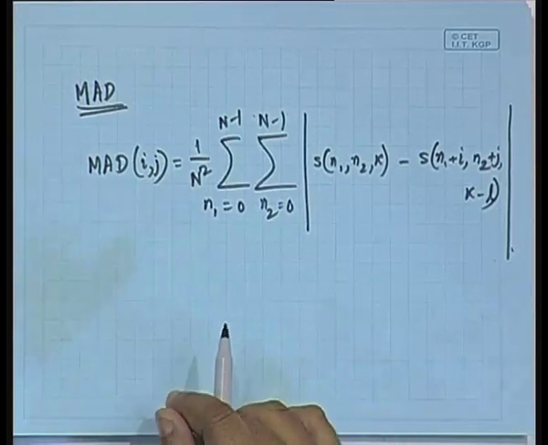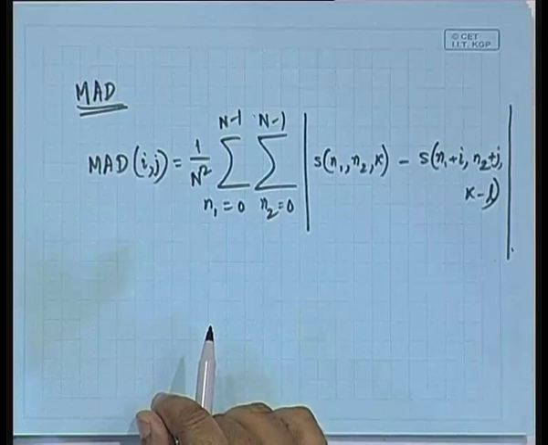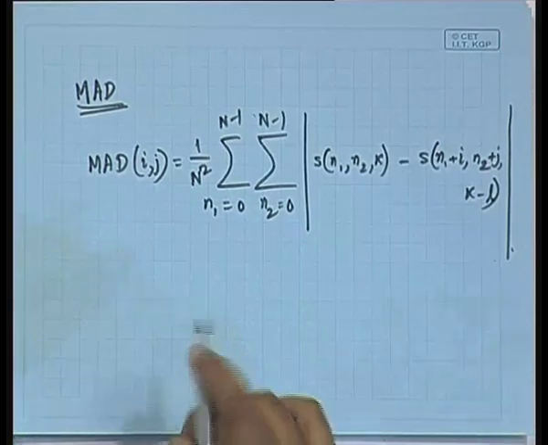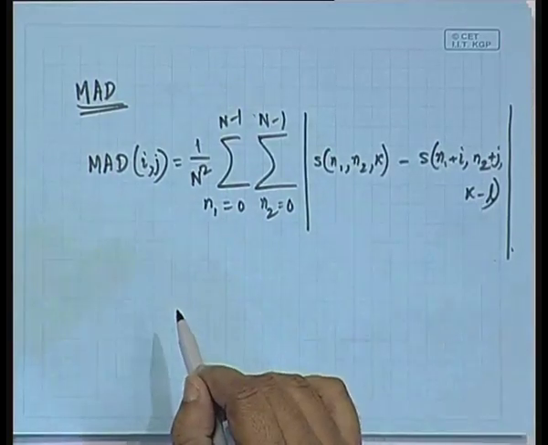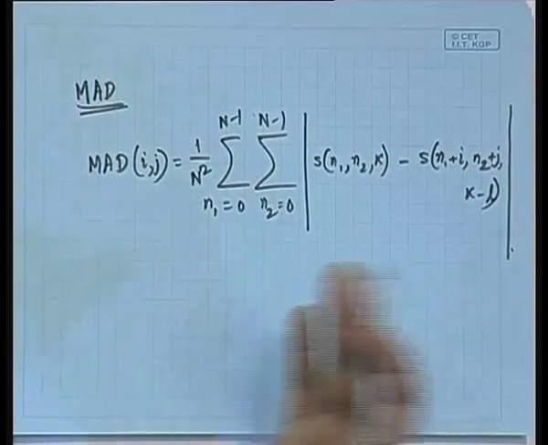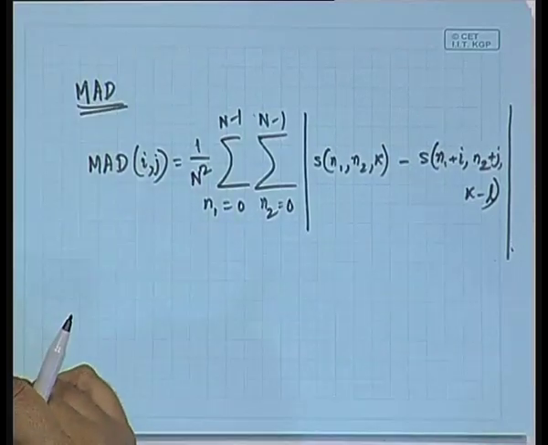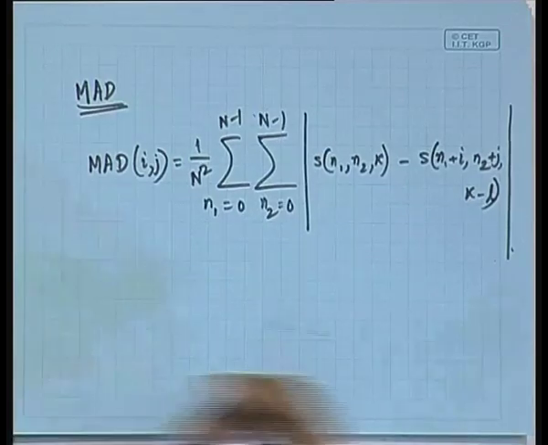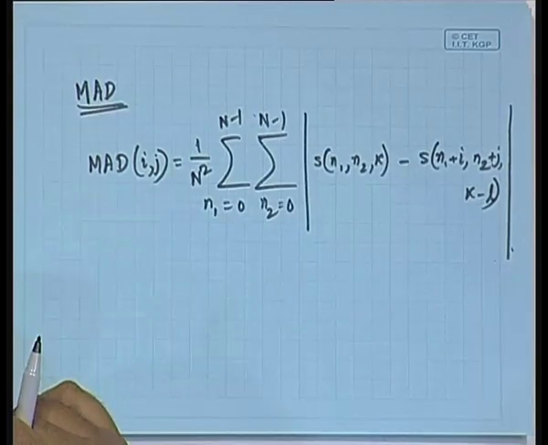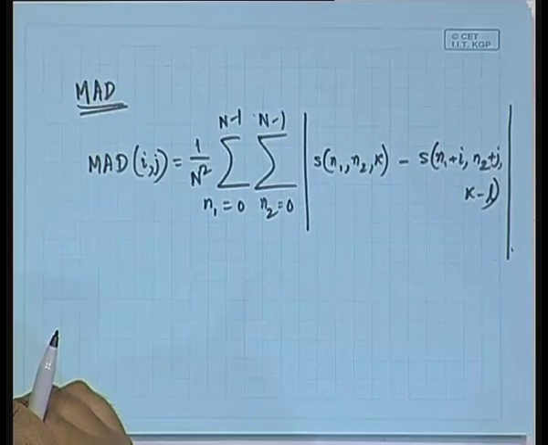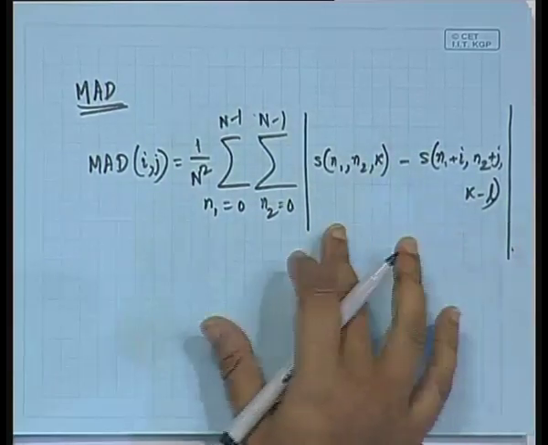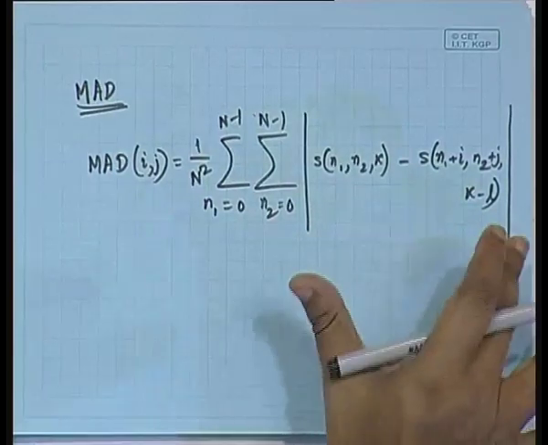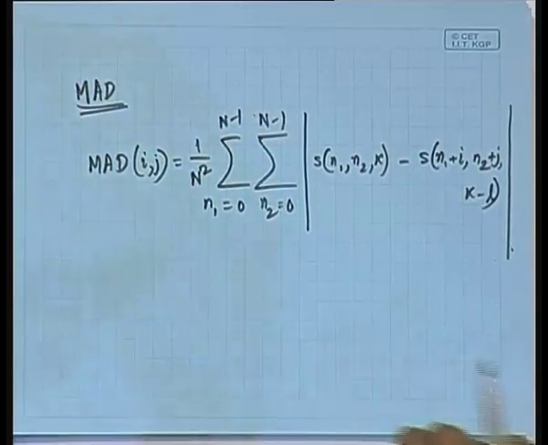I need not elaborate on the MPC, because MAD is what is most commonly employed in almost all the standard implementations which you will find reported in the literature, or even in the standards. What they recommend is to compute the MAD, because the advantage here is that you are computing the difference, but you do not require any multiplications, you do not require any squaring.